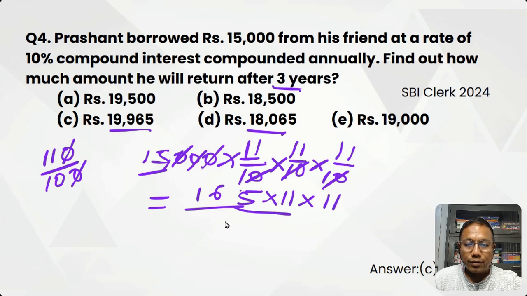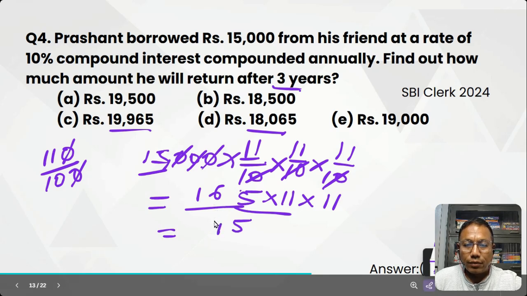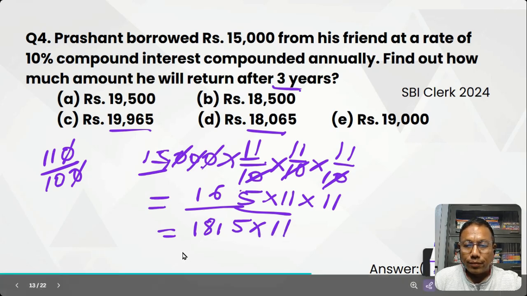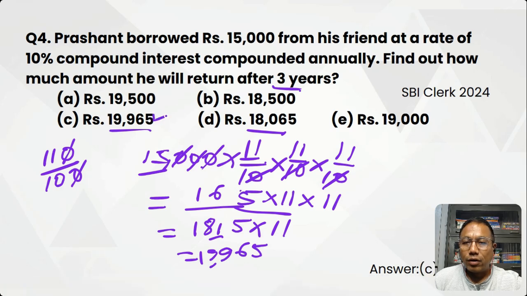Multiply this 2. 5 fives are 25, plus 6 is 11. 1 in hand. 6 plus 1 is 7. We still have 1 more 11. 5 fives are 25, plus 1 is 6. 1 plus 8 is 9. The answer is 19,965. Where do we have 19,965? Option C is the right answer.